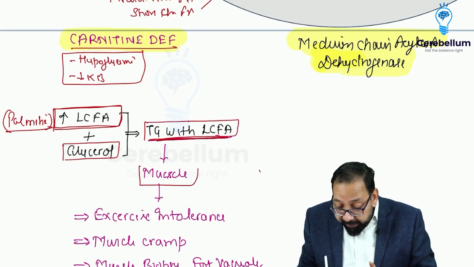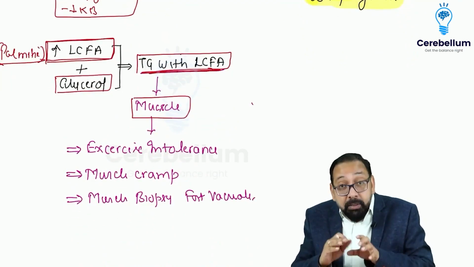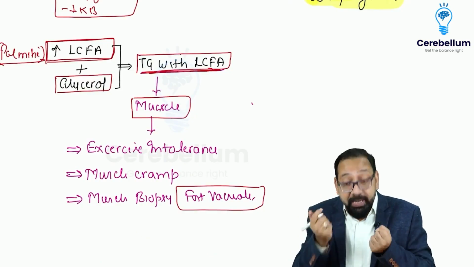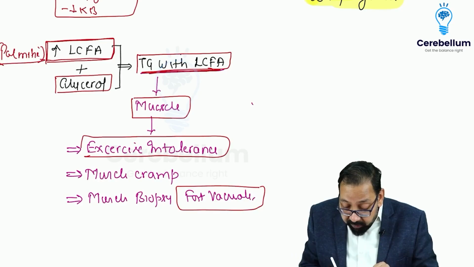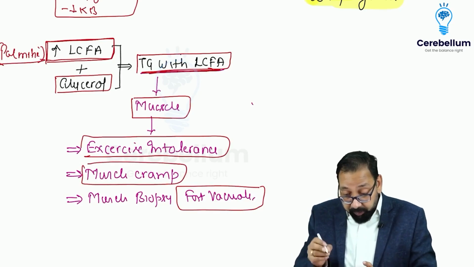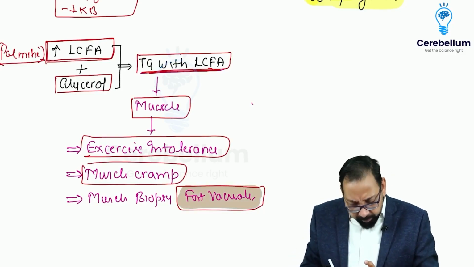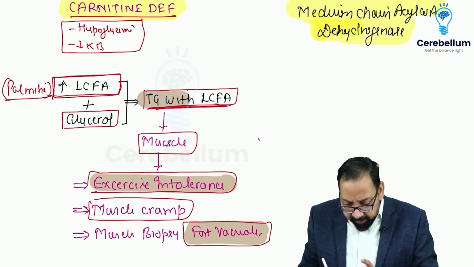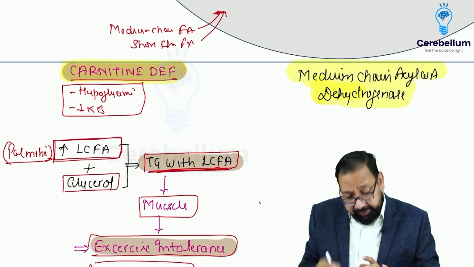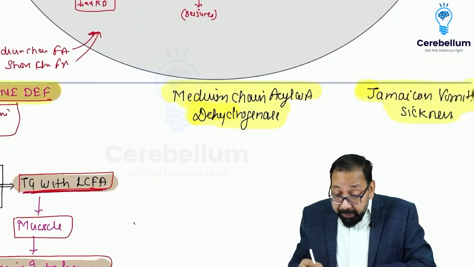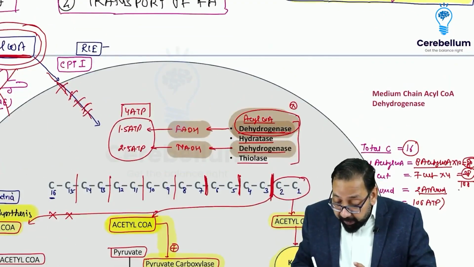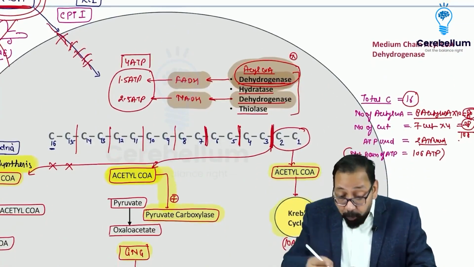It will accumulate in muscle, and in muscle fat will accumulate, so fat vacuoles. In muscle you can't do exercise, so exercise intolerance and muscle cramps would be there. This question was asked in NEET PG clinical scenario. They gave fat vacuoles, exercise intolerance, triglyceride with long chain fatty acid. What deficiency is this? Carnitine deficiency. Now medium chain acyl coenzyme A dehydrogenase. If this acyl coenzyme A dehydrogenase is deficient, then beta oxidation would not occur.